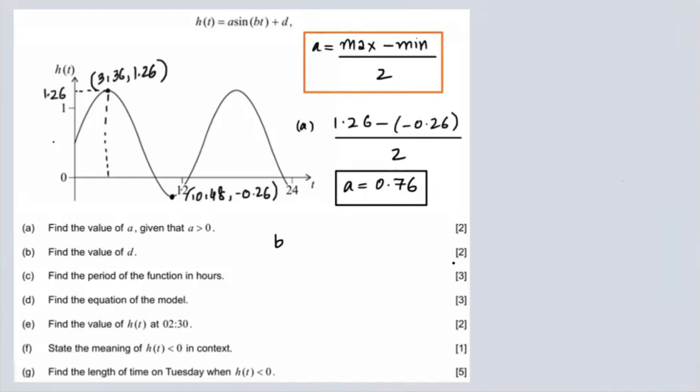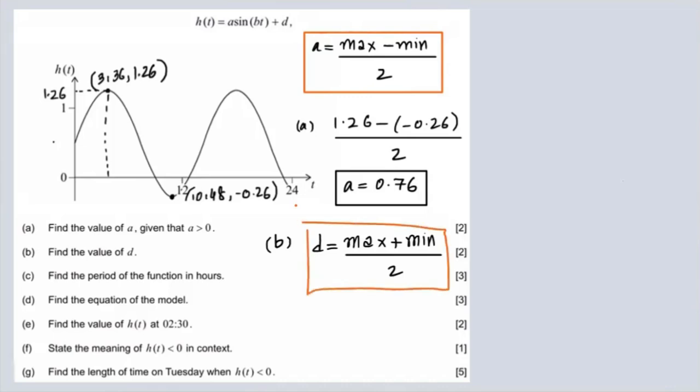Part B. To find the midline, which in this case is D, you can note down this rule. Midline is the max and minimum added together and divided by 2. So it's like the average of the maximum and the minimum value. I'm going to box this as well.